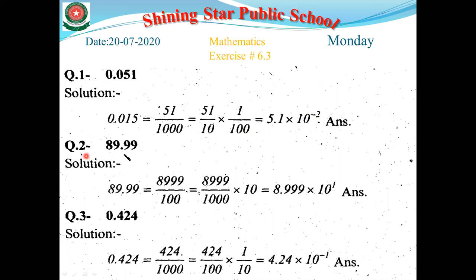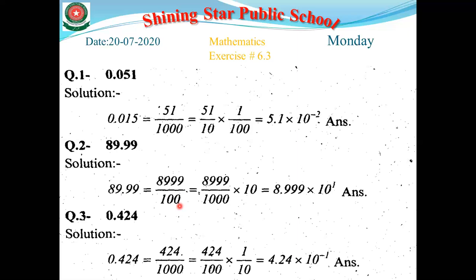Okay. Now we start question number 2, 89.99. First of all, here is the point, so we write 1. After the point we have 2 digits, so we write 2 zeros. So 100.